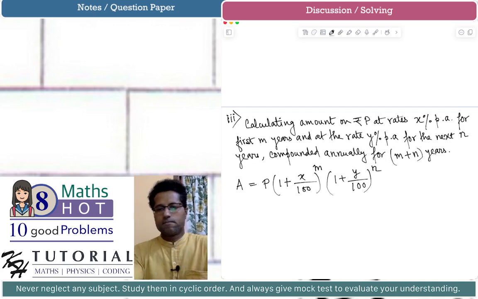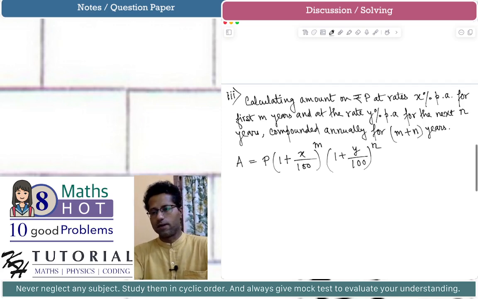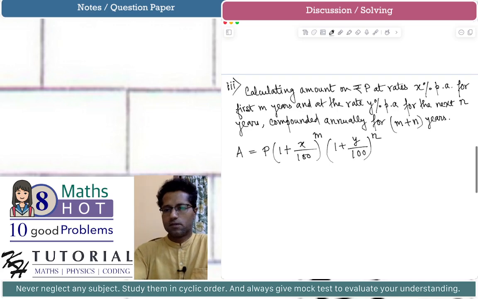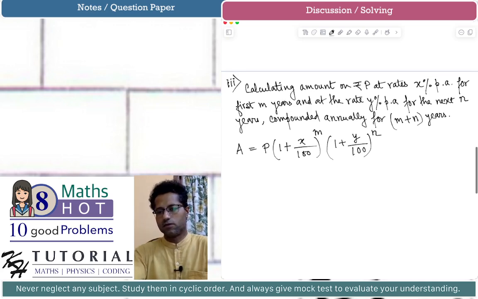So let's say we have to compute the amount on the principal P for m plus n years where the interest is being compounded annually and the rates are different, such that the rate is X% per annum for the first m years and the rate is Y% per annum for the next n years. So the total time period is therefore m plus n years, where the rate is X% for the first m years and the rate is Y% for the next or the last n years.